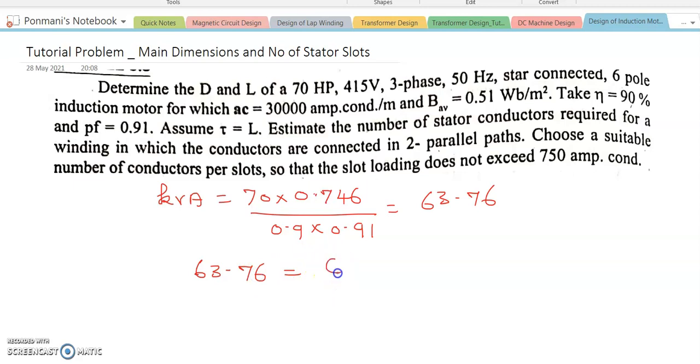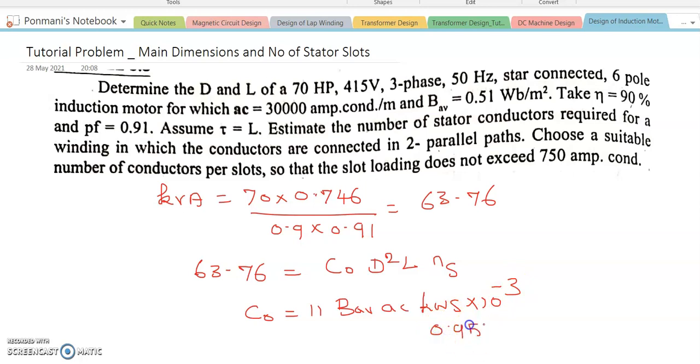This kVA 63.76 is also equal to the output equation, that is, C naught D square L Ns. So we have to find out C naught, and C naught can be found from the given values: it is 11 B average AC kW into 10 to the power minus 3, where kW is considered 0.955.